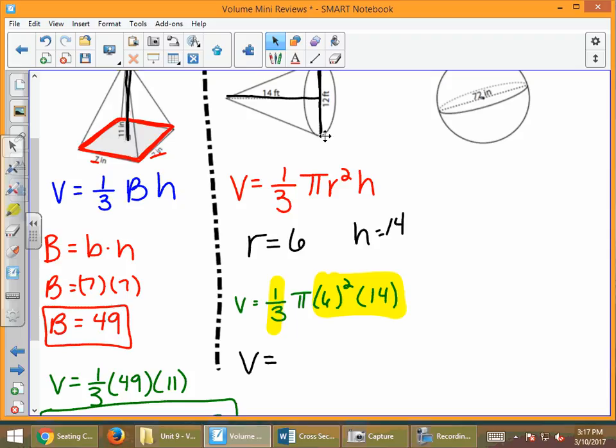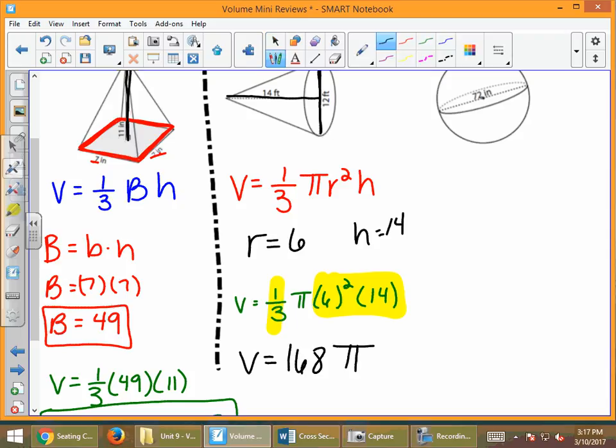And when you do that, you get 168. Remember to tack on pi and label. This is going to be feet cubed. Always cubed when you are finding the volume. Again, pause if you need to. We're going to move on to number 3.